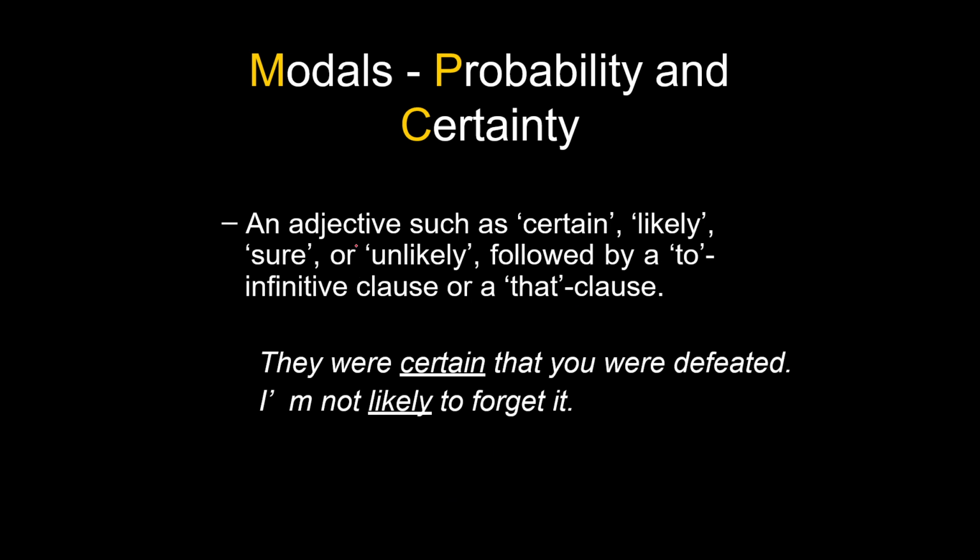Similarly, adjectives such as certain, likely, sure, unlikely are followed by a to-infinitive clause or a that clause. "They were certain that you were defeated." "I am not likely to forget it." So these adjectives are followed by to and then verb 1, or they can be followed by that.